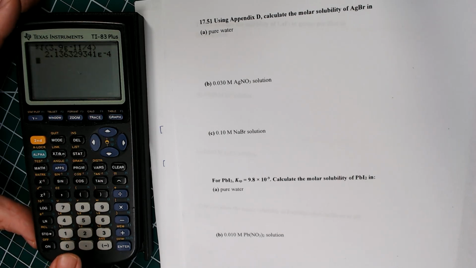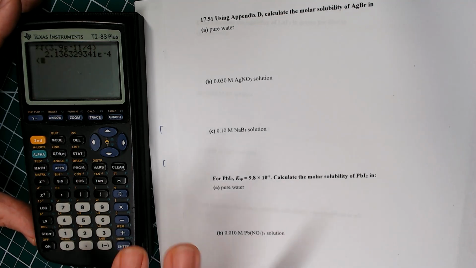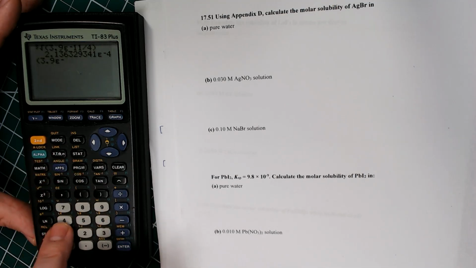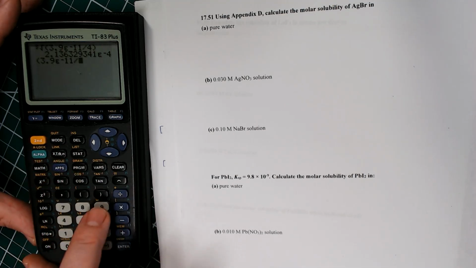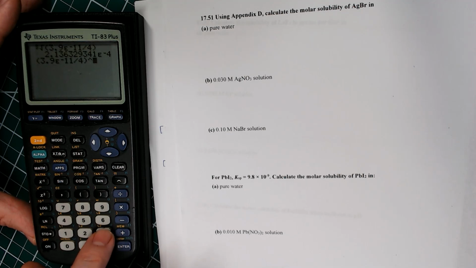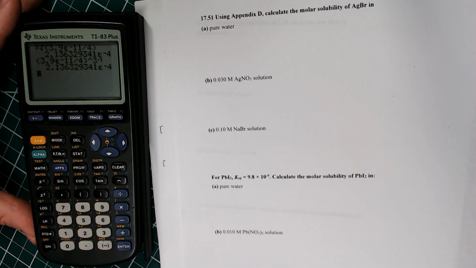However, if you don't want to go digging into that menu, another way you can do this is to take 3.9 times 10 to the negative 11, divide that by 4, and then raise that to the 1/3 power. So I raise it to the 3, and then the negative 1 here makes that 1/3, and you'll get the same quantity.